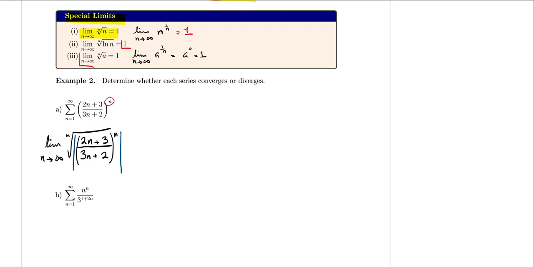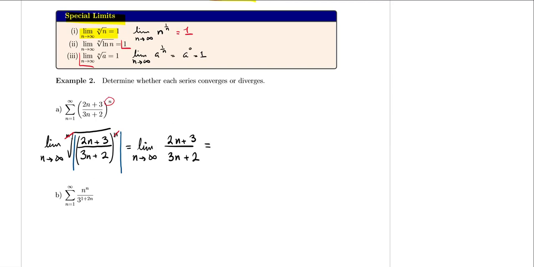Now this one in particular wasn't too bad. It looked like a scary problem because we had an nth power, but since we're taking the nth root, we can go ahead and cancel the nth root with the n power. So now we're just left with the limit as n approaches infinity for (2n plus 3) all over (3n plus 2). Now, as n goes to infinity, we can either use L'Hopital's rule or we can take a look at the n behavior.